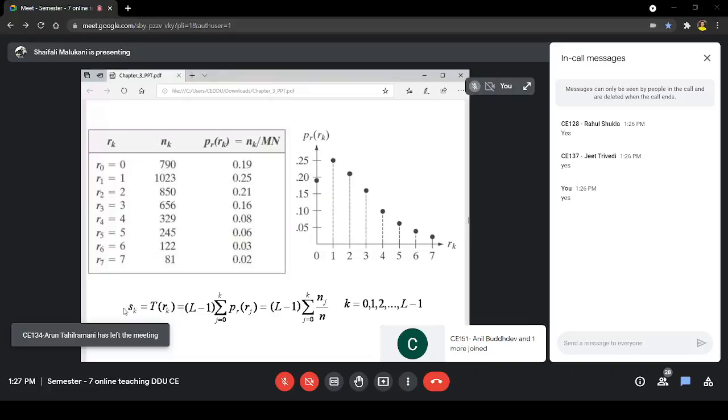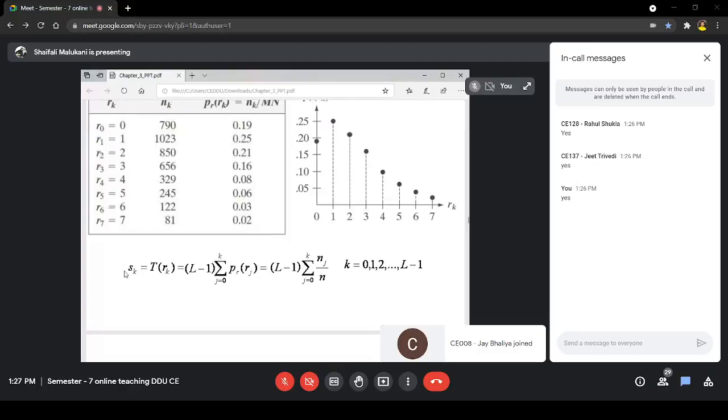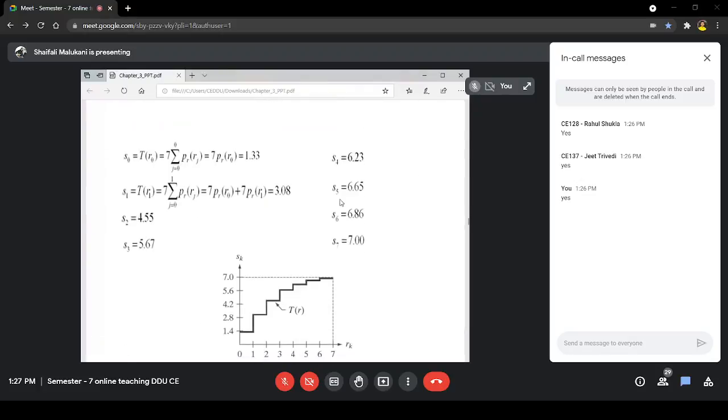Suppose I want to find S of 1, what does it indicate? If 1 is my input intensity, then what should it be replaced with? It will be the summation of probability from 0 to 1, multiplied by L minus 1. In that way I will obtain all these values, right?